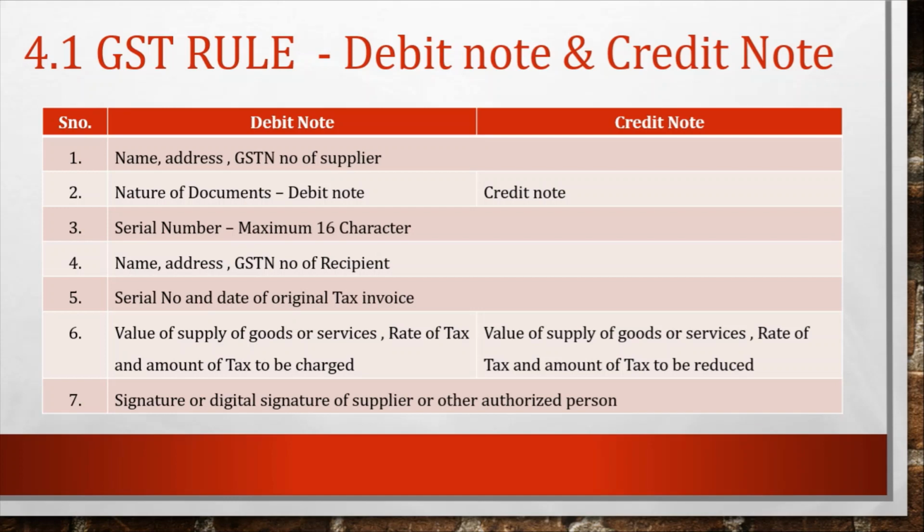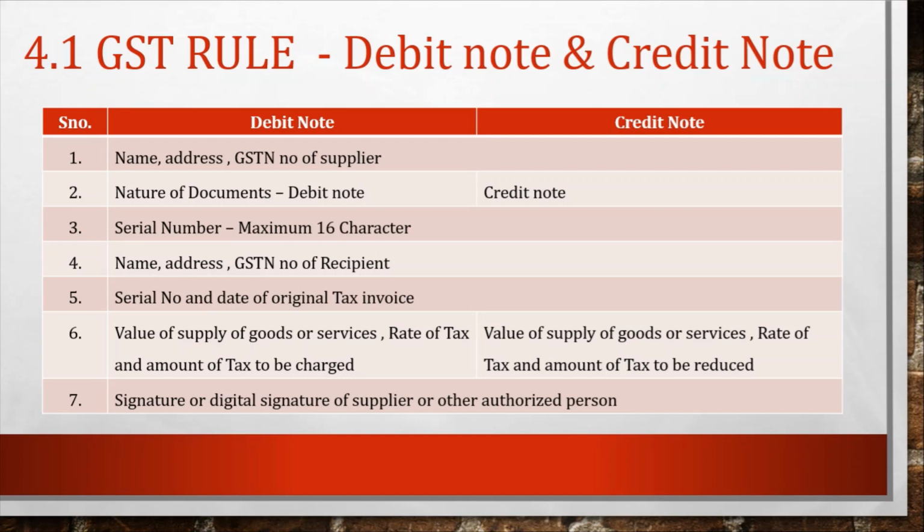Value of supply of goods or services, rate of tax, amount to be charged; and value of supply of goods or services, rate of tax, amount of tax to be reduced. One is to reduce the liability: a credit note is related to reducing the GST liability, and a debit note is related to increasing the GST liability from the supplier's point of view. A digital signature of the authorized person is required.